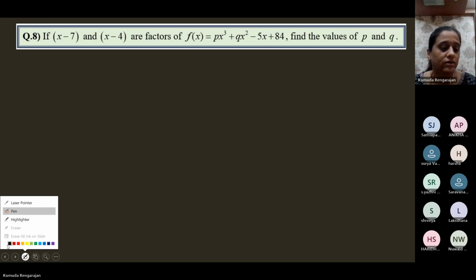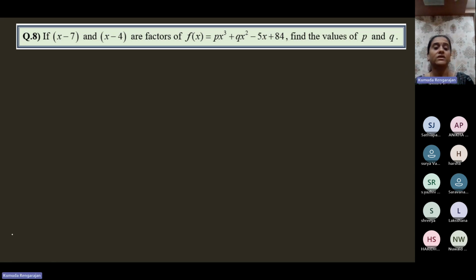If x minus 7 and x minus 4 are factors of f of x equals px cubed plus qx squared minus 5x plus 84, find the values of p and q. So f of x is a cubic polynomial. F of x is the dividend polynomial.